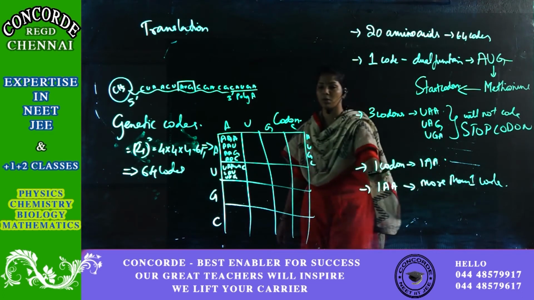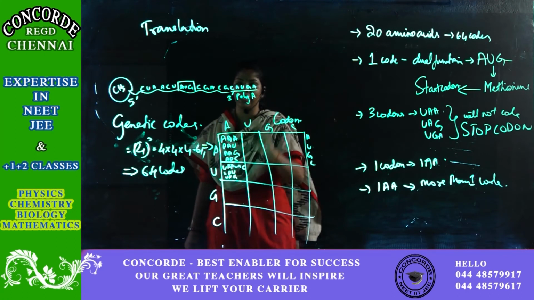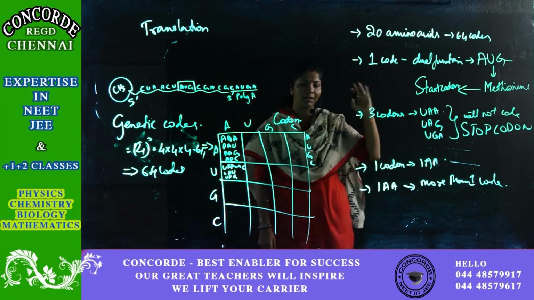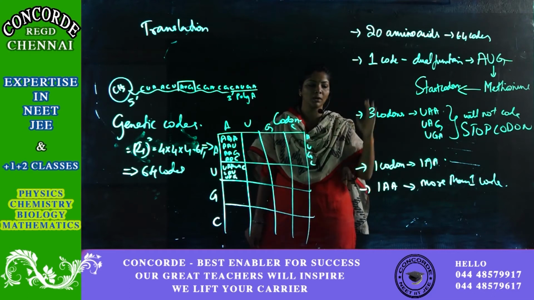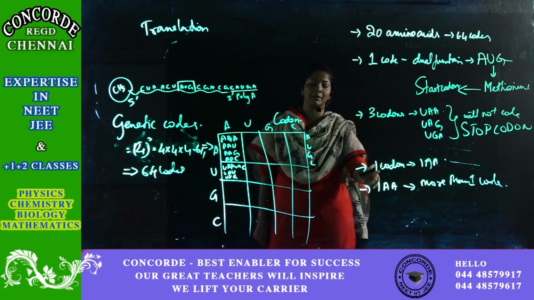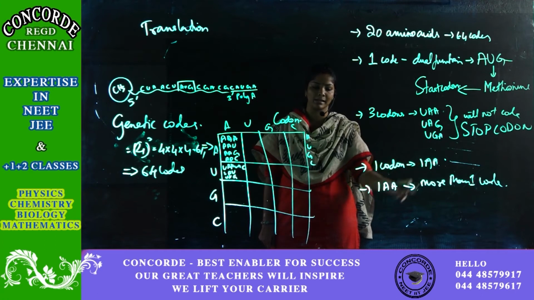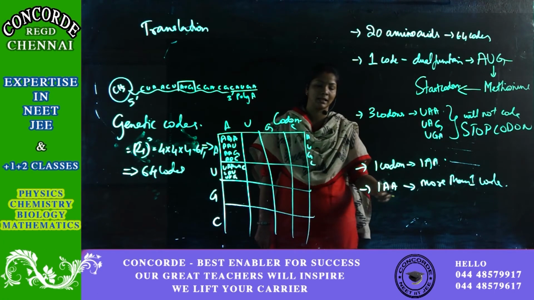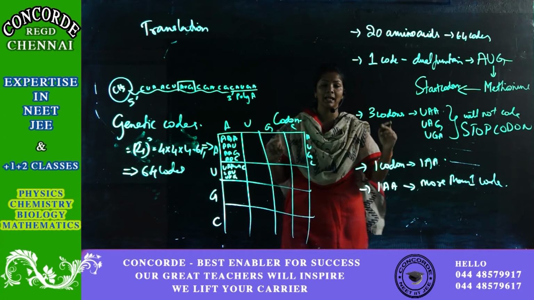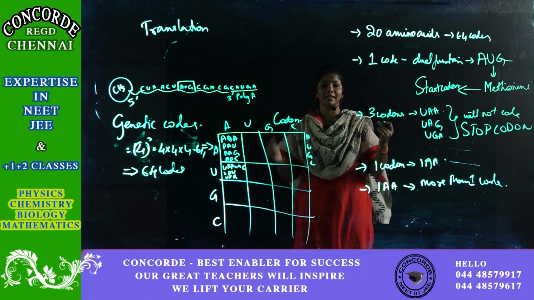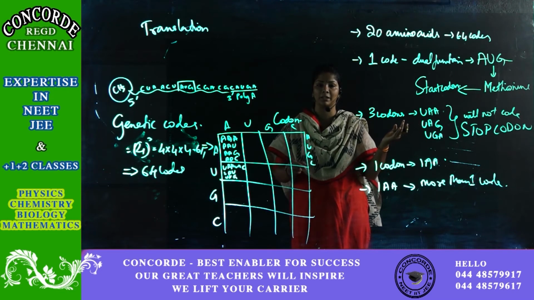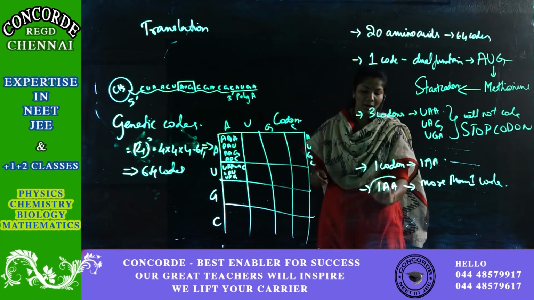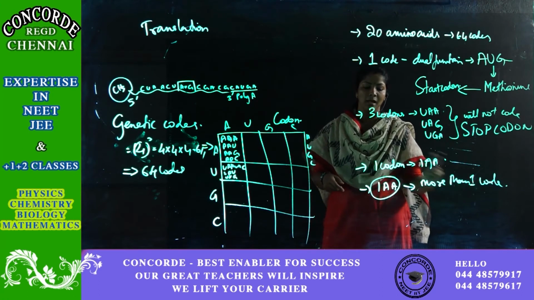If I say one codon, AAU will code only for that particular amino acid. For example, AUG will code only for methionine. That is what I meant by one codon codes for one amino acid. But one amino acid can have more than one codon. So for one amino acid, I can have many codons, but one codon will have only one amino acid.